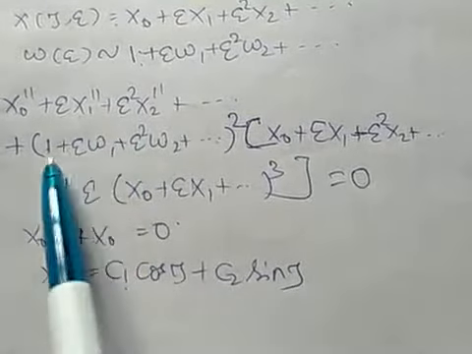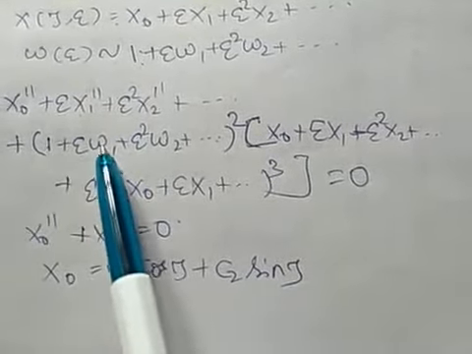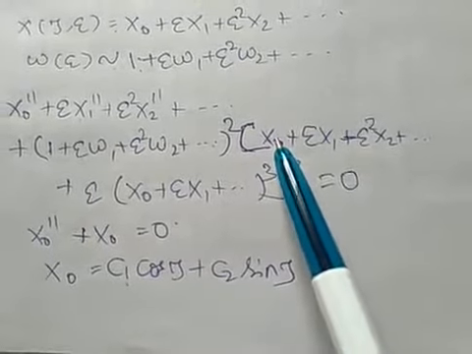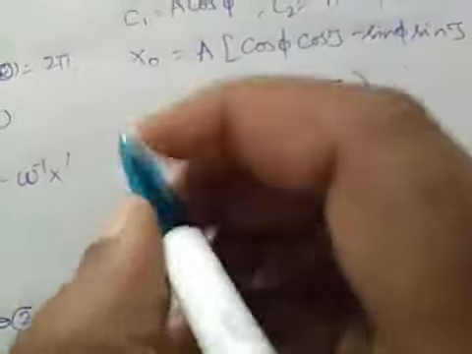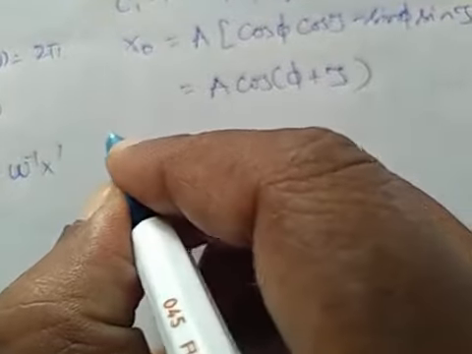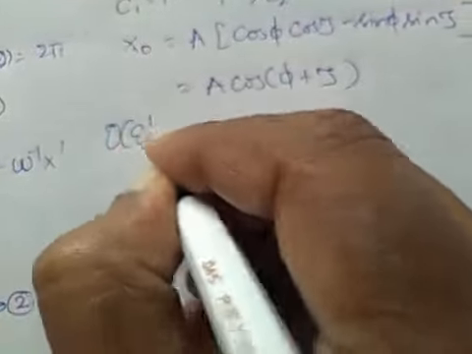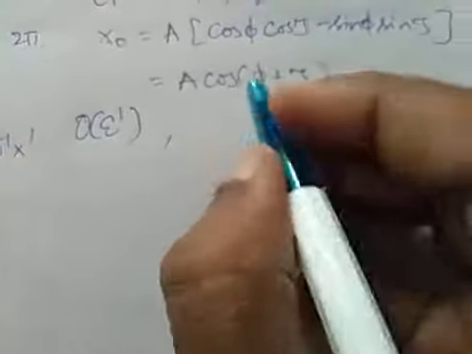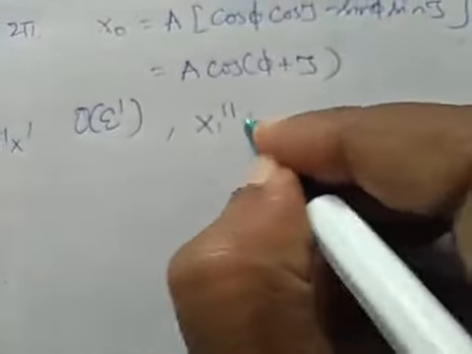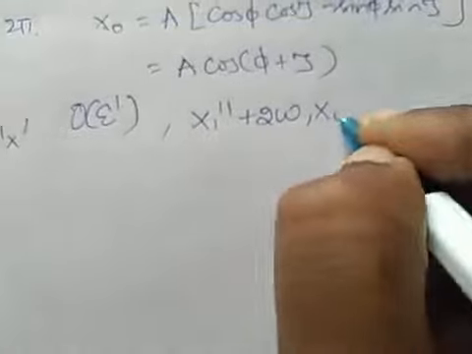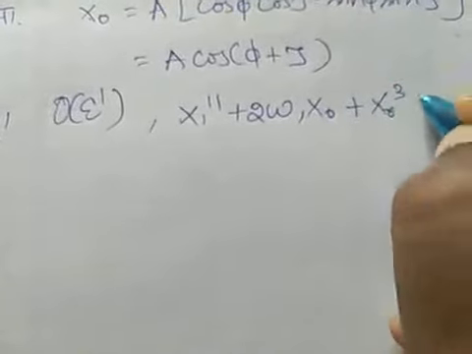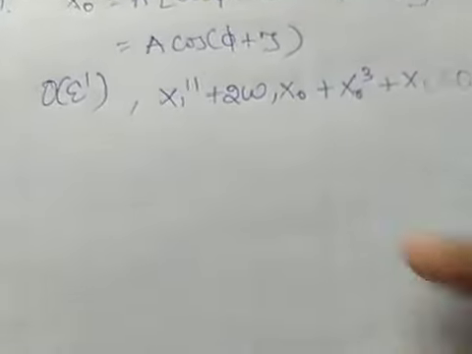When we expand it, we will get 2 terms of this, therefore 2 omega 1 x naught. Therefore the coefficient of epsilon power 1, the order of epsilon power 1, gives x1 double dash plus 2 omega 1 x naught plus x naught cube plus x1 equal to 0.